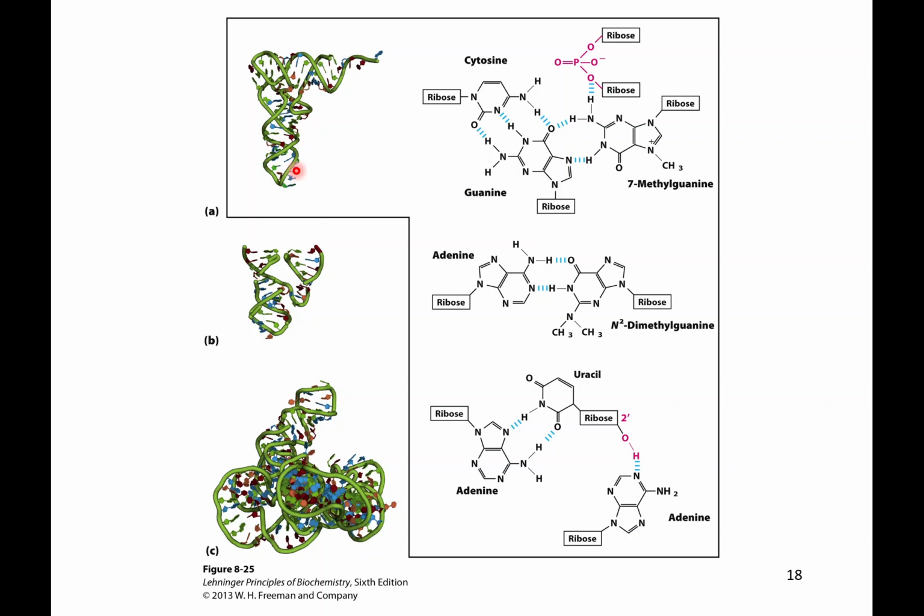And so those kinds of hydrogen bonds are found in transfer RNA molecules, and that's what's depicted here. Okay, so this is a transfer RNA. Again, you'll probably see this again next semester.